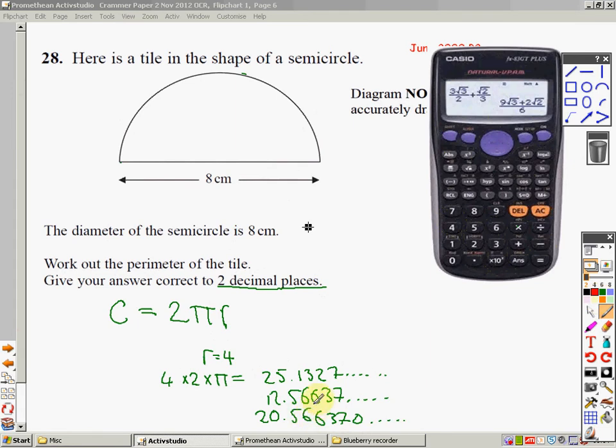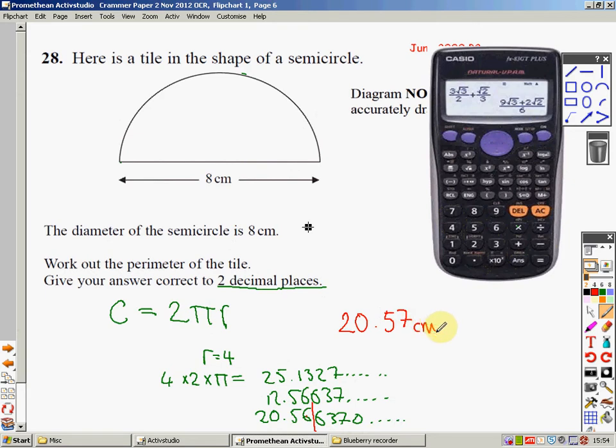First decimal place, second decimal place. I'll chop it off there. That's more than 5, so I need to round that number up. So my final answer is going to be 20.57. They said it was in centimetres, so make sure you write centimetres there to get the unit mark.